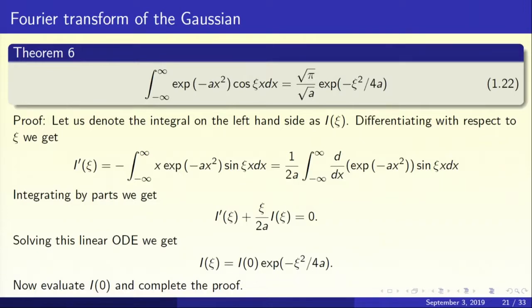I prime chi equals minus integral minus infinity to infinity x e to the power minus ax squared sine chi x dx. Now the x e to the power minus ax squared turns out to be an exact derivative. It turns out to be 1 upon 2a times d dx of e to the power minus ax squared.